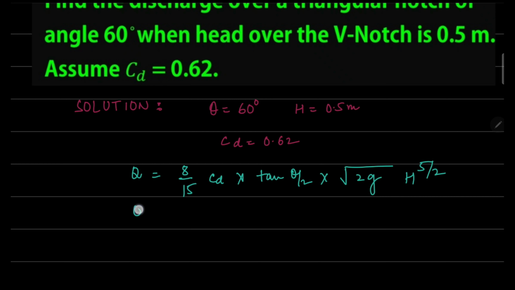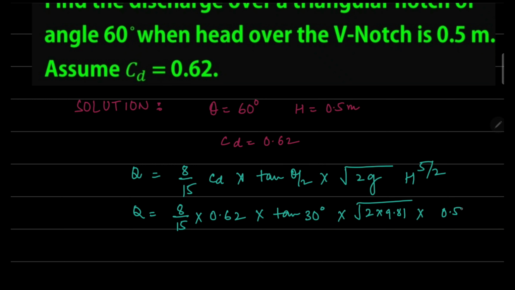So let's quickly put all the values. 8 by 15 multiplied by 0.62, then tan 60 by 2 is tan 30 degrees, you remember this point, and then under root 2 multiplied by 9.81 multiplied by H, which is 0.5, raised to the power of 5 by 2.